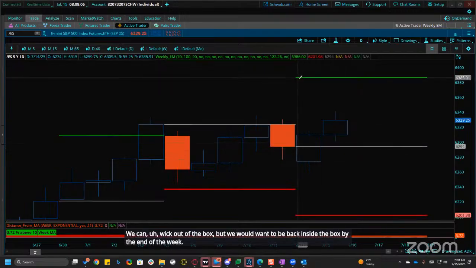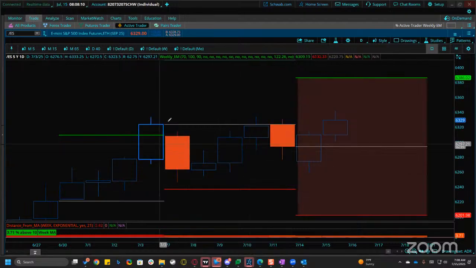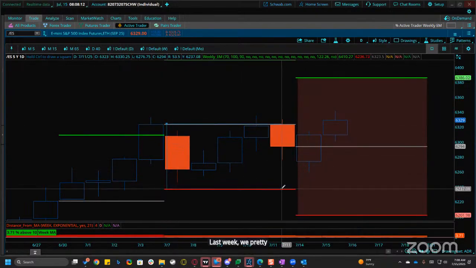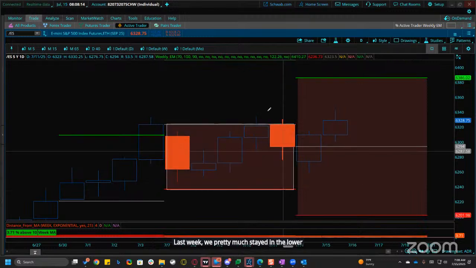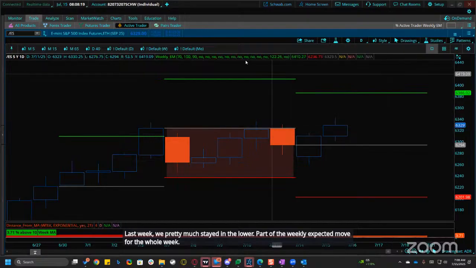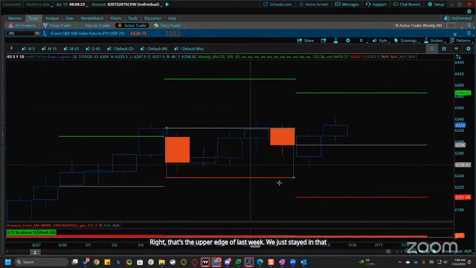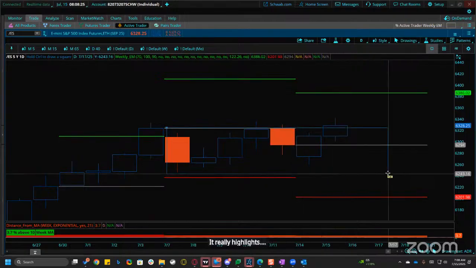The box being this range here. Last week, we pretty much stayed in the lower part of the weekly expected move for the whole week. Right, that's the upper edge of last week. We just stayed in that lower range. It really highlights how tight this zone is that we've been working on.